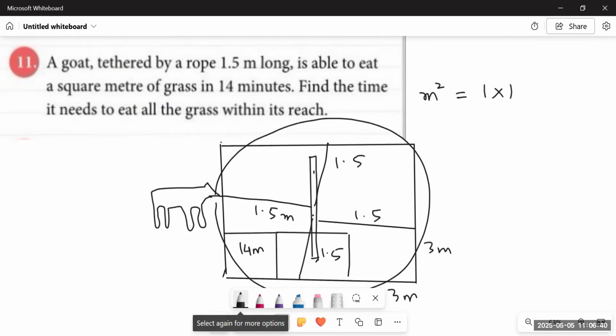So we will have 3 square meters in a length and similarly 3 square meters in the breadth as well. You see? So if 1 meter square takes 14 minutes, how much time would it take to eat the entire part?